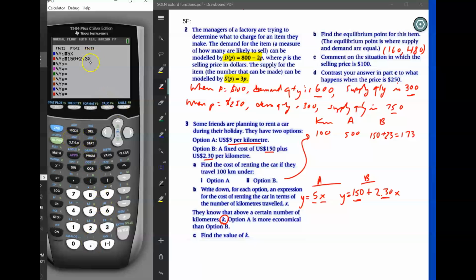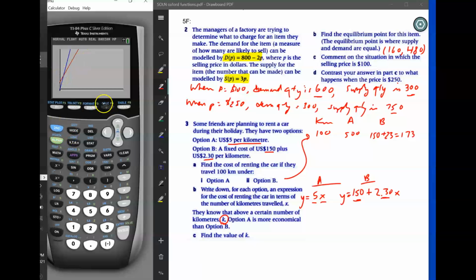Remember, we already adjusted our graph window so that it was really wide and really tall. It might be okay for this case too. That one is obviously A because it starts at 0. And there's B, which started at 150, but it doesn't slope up as much. They want to know when these intersect, because when does the red line start going below the blue line? At their intersection, of course.